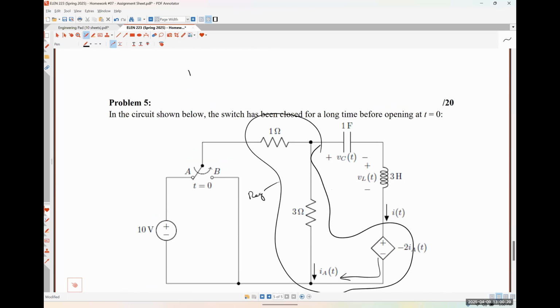So my first equation would be for my inductor current, and my second equation would be for, sorry, my inductor voltage. And then using these two equations, I could say that IA is just negative IL times 1/3 over 1/3 plus 1/1 is how I solved it.